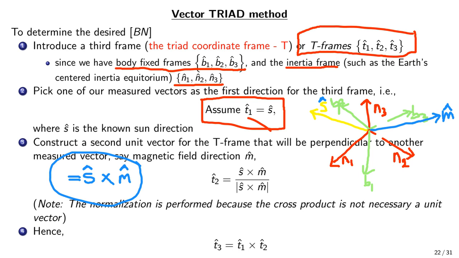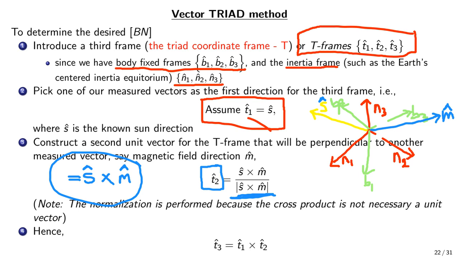So basically, that's why we normalize it. What I've done here is normalization, so as to obtain T2. So that's the formula for T2. And then we go on to obtain our T3, which is just a cross product of T1 and T2.